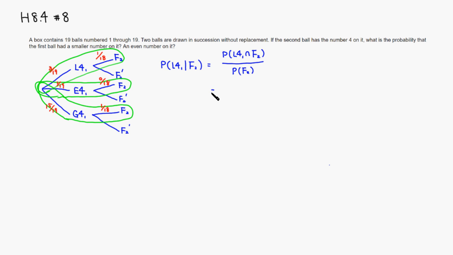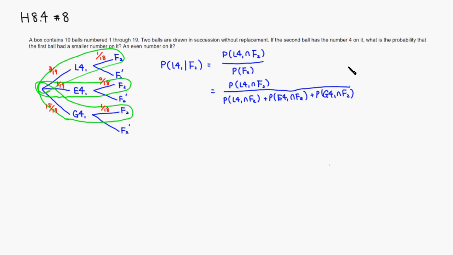I'll leave the numerator as it is for now. On the bottom, there are 3 possibilities: the probability of L4 and F2, or E4 and F2, or G4 and F2.